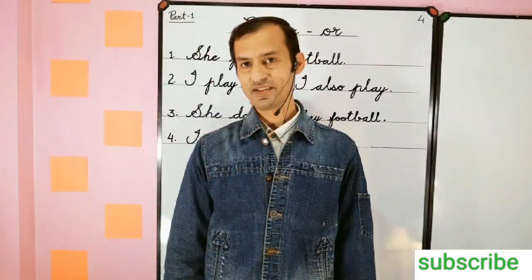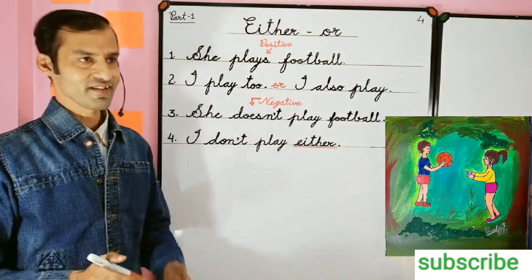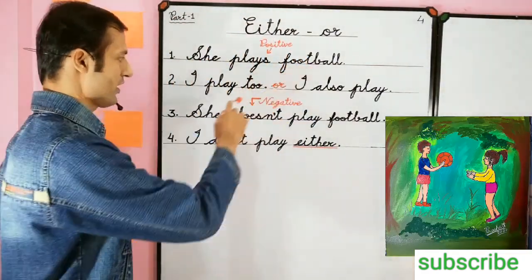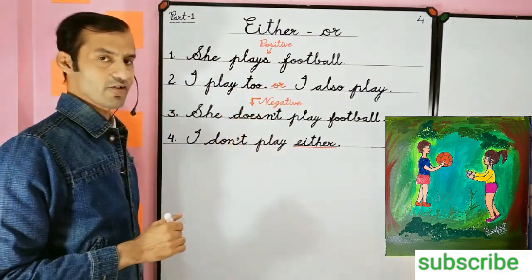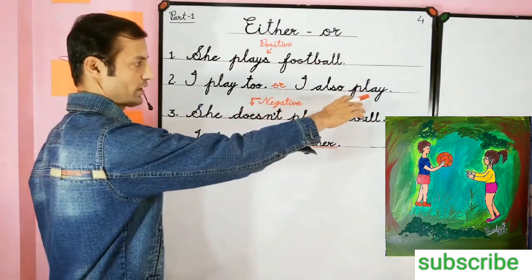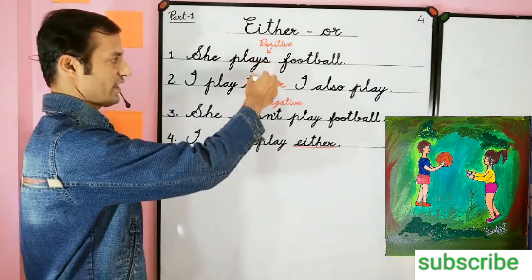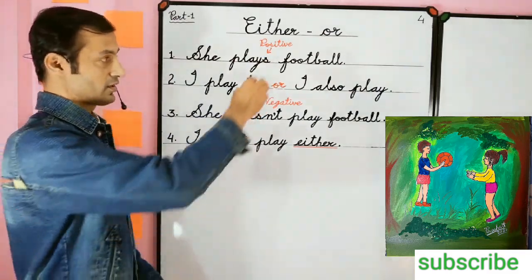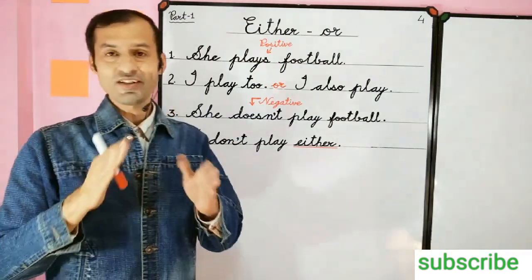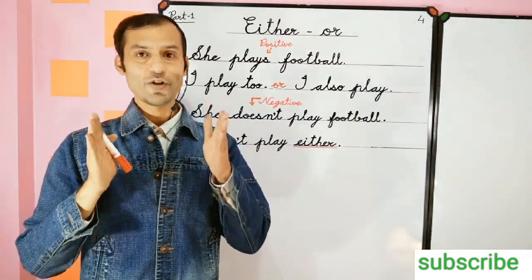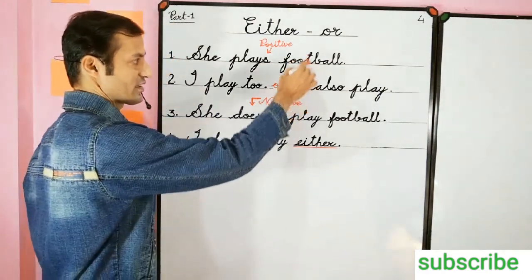And here we see these sentences. In the first sentence, it's written that she plays football, and in the second sentence, I play too. We can also say I also play. It can be spoken in two ways. So these are the right sentences, and they are positive sentences because they don't contain the negative word not. So we have not used either in these sentences.